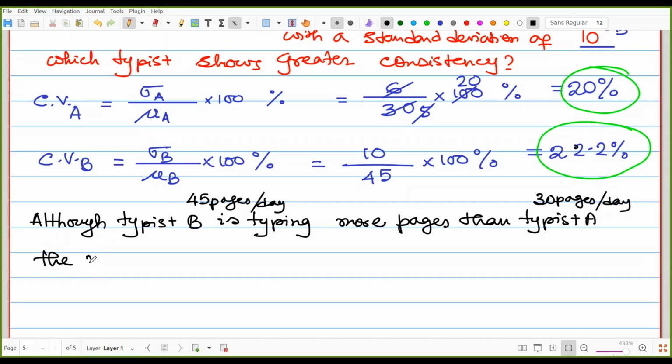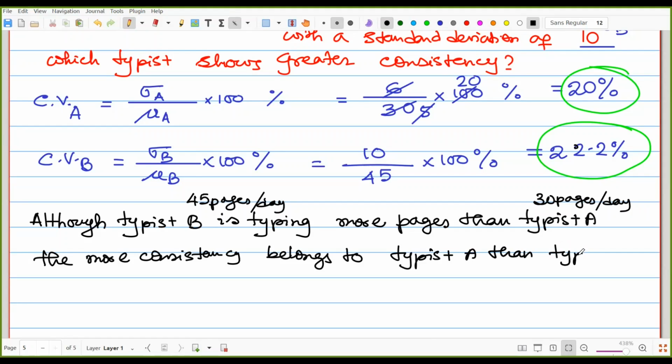The more consistent tendency belongs to typist A than typist B, because typist A has the less coefficient of variation, where typist B has 22.2%.